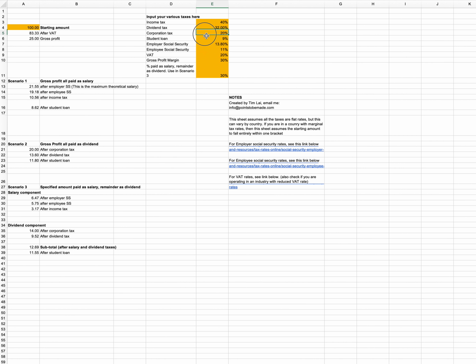Corporation tax recently has been a lot lower than even 10 years ago or 20 years ago. UK is currently 19%. Most other European countries are between 20 and 25%, I'm going to guess. That's for you to find out as well, but you can find out quite easily. Just type in your country plus corporation tax into Google and you'll find out.